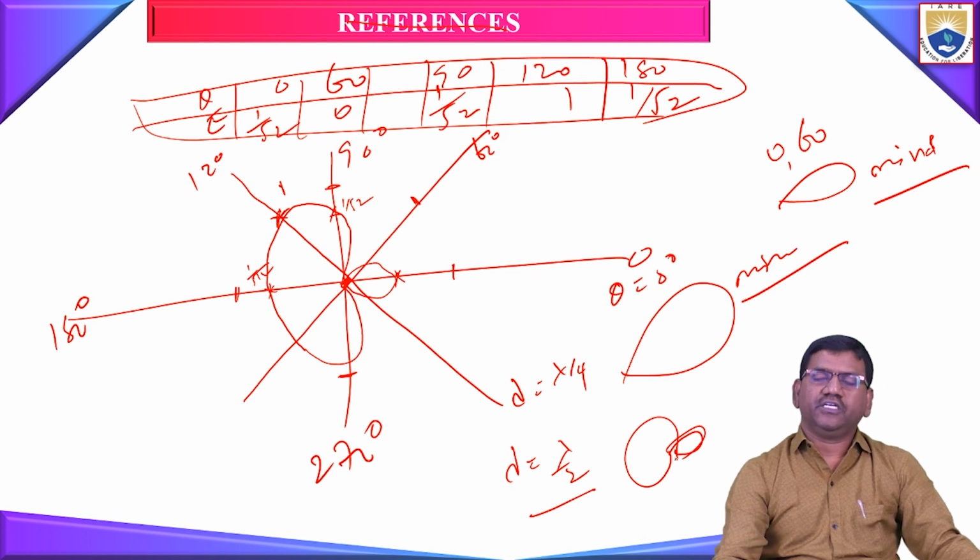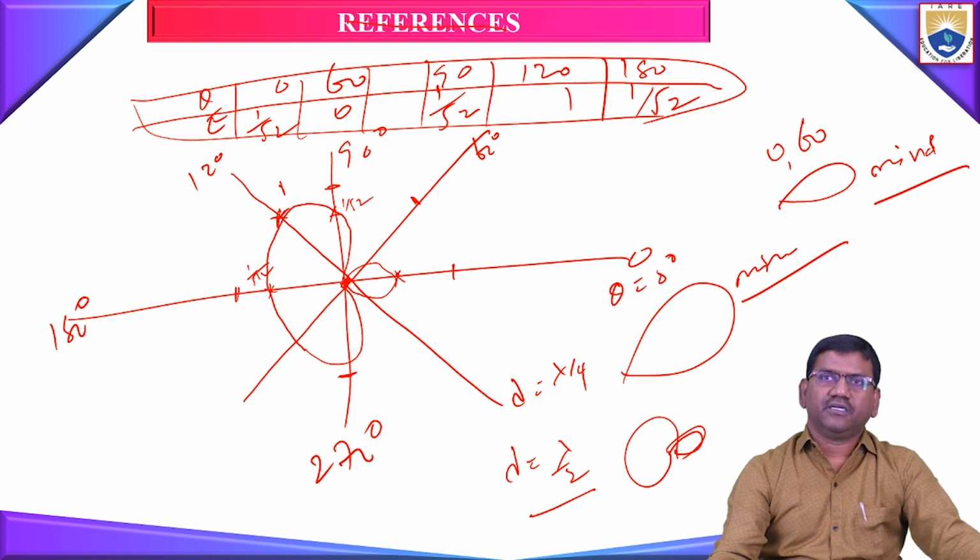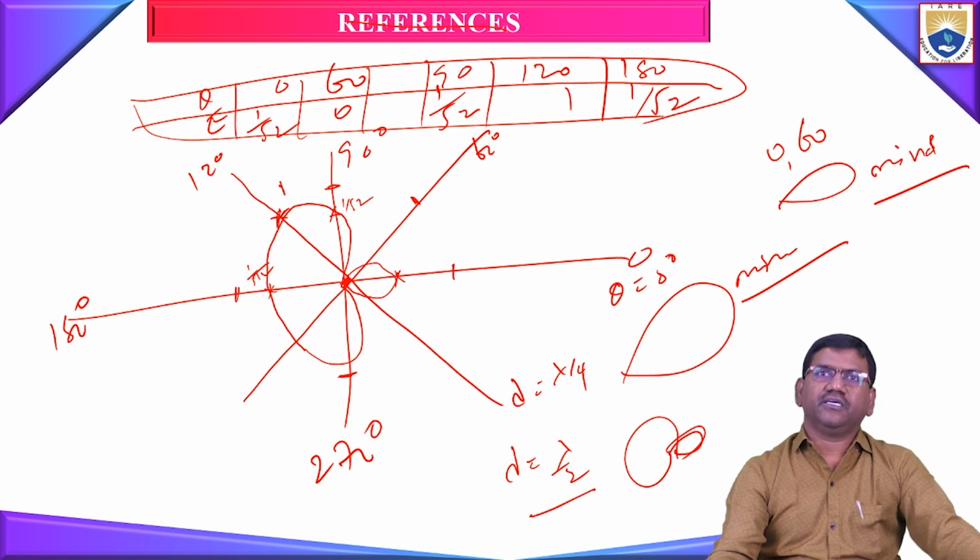We need to design an antenna in such a way that the minor lobes are decreased to a greater extent. Then only the antenna performance will be effective.